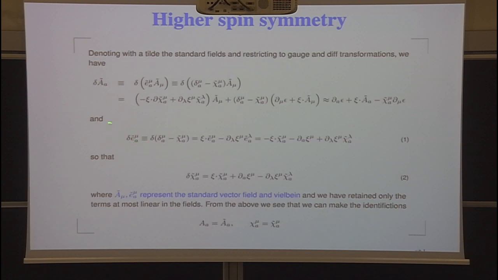And for a tilde, which is the inverse fermion, the transformation is this. Now, if you compare this with the previous transformation, you see that we can make the identification that the previous gauge field A coincides exactly with the ordinary gauge field in terms of transformations. And the previous fermion coincides with this fermion here. So they lend themselves to an interpretation in terms of gauge theories, but also containing gravity.